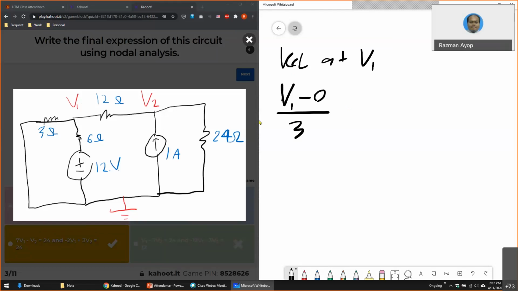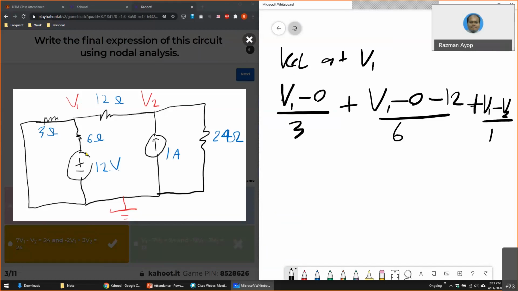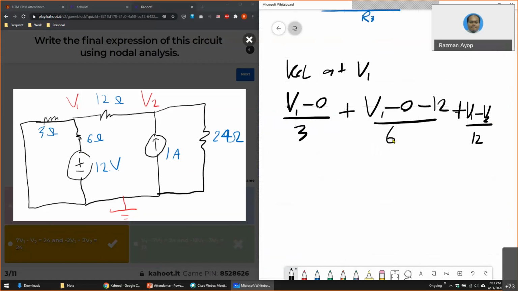Then for the 6 ohm, plus (V1 minus 0) because the current goes into the positive of 12 volts, so it becomes negative 12, divided by 6. And lastly, at the 12 ohm, plus (V1 minus V2) divided by 12 ohm, equals 0.